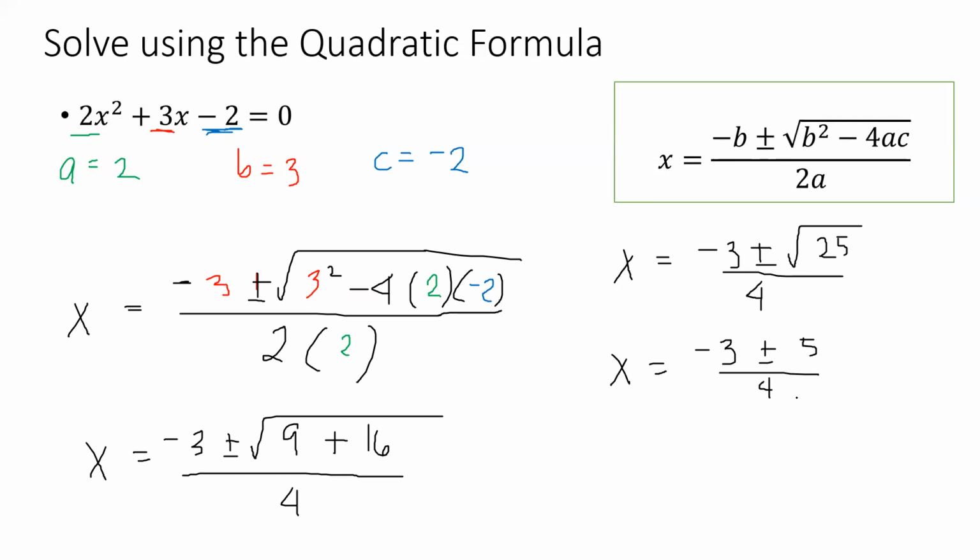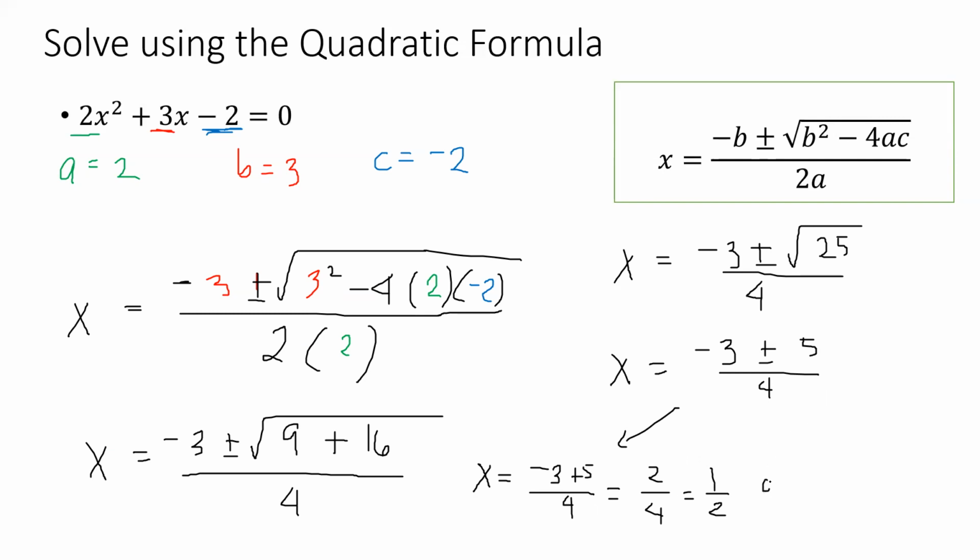And so we can determine the roots by this. Plus or minus means we can add 5 or we can subtract 5. If we add 5, -3 plus 5 all over 4 is 2 over 4, which is equivalent to 1/2. This is one root of the equation.